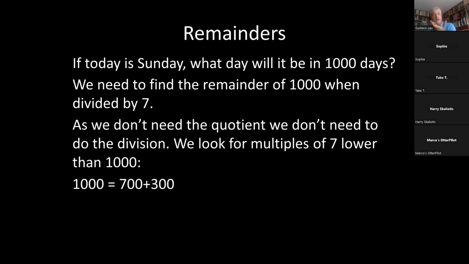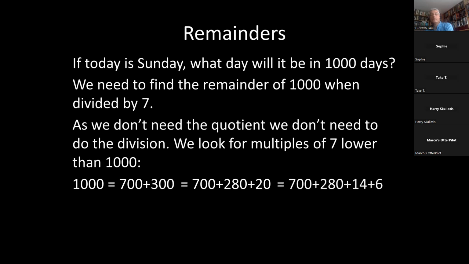Now tell me a multiple of 7 that is close to 300, something that is easy to see is a multiple of 7. 280. Exactly. So then you decompose 300 into 280 and 20. Then a multiple of 7 close to 20, but lower than 20. 14.